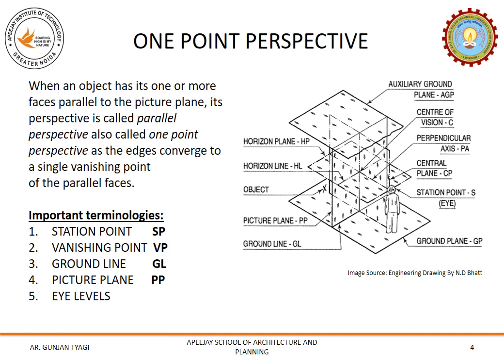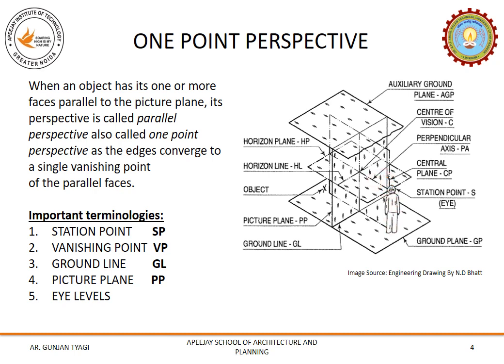Here in this picture, this is the station point from where an observer is viewing an object. In this case the object is not shown, but the object can be somewhere behind the picture plane or in front. So virtually an object can lie somewhere in space and from here the observer can view it.